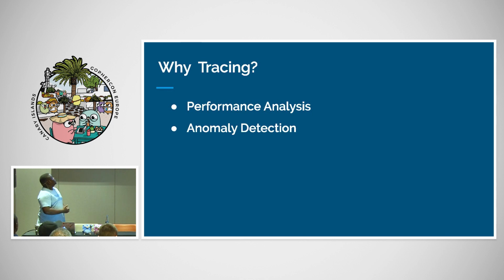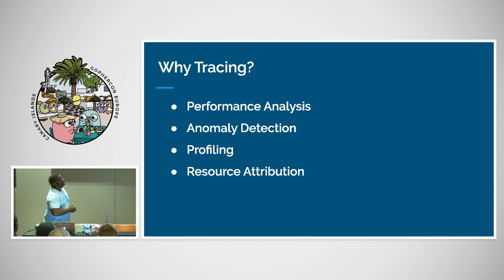You can also do anomaly detection. You can do profiling. And you can do resource attribution. I'm just trying to go over the slide to beat time. But anyway, with resource attribution, if a service is in your critical path and you want to increase its performance, this would show you, and you can move around resources or prioritize resources.